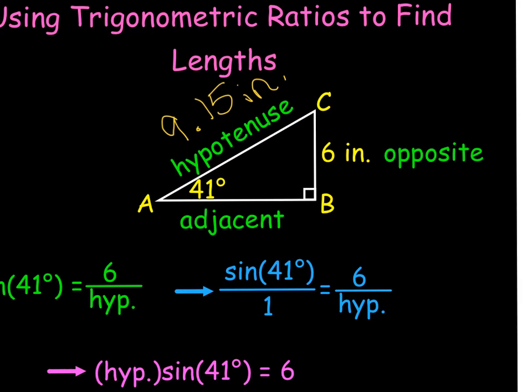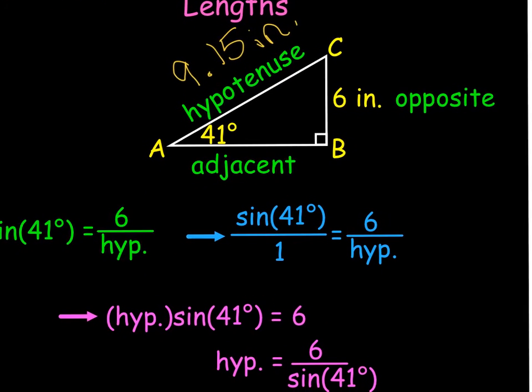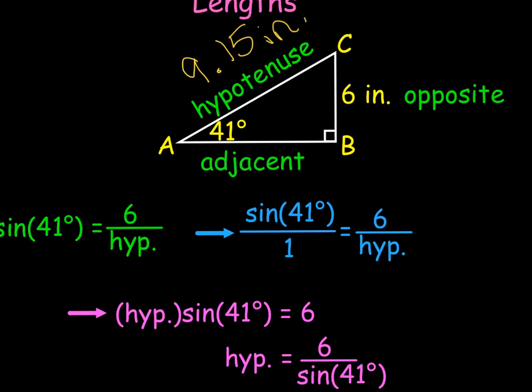So we're going to go ahead and look for the trig function that uses the opposite side and the adjacent side. And if you look closely at your SOHCAHTOA, you should find that that trig function would be tangent. So we are going to use the tangent of 41 degrees to help us find our adjacent side. So now we are looking to use the 6 inches, the tangent of 41 degrees, and we're looking for our adjacent side.